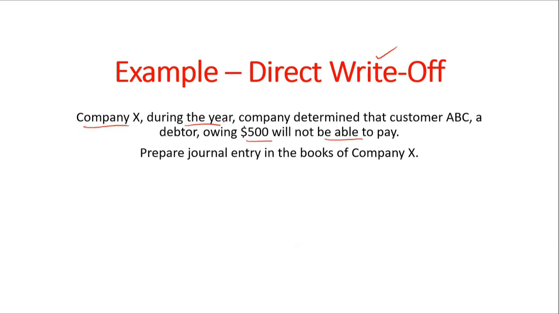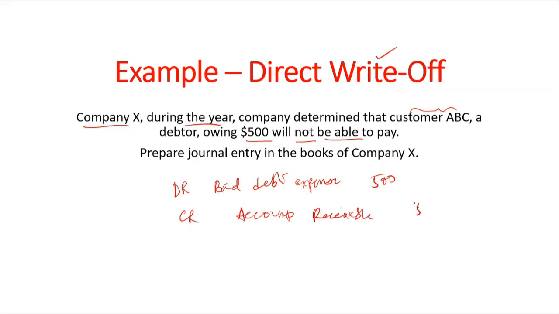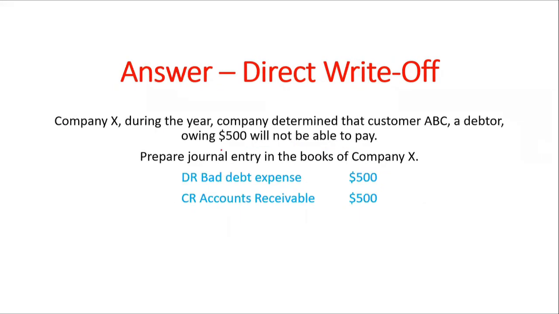So under the direct write-off method, you will debit bad debt expense of $500, and then you will credit accounts receivable by $500. This is just an answer slide.